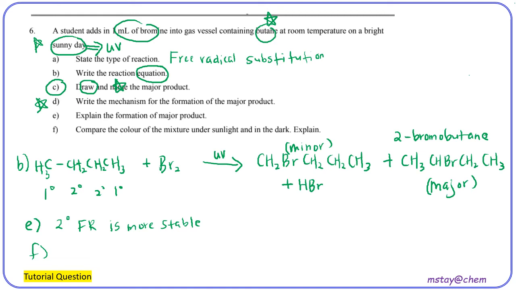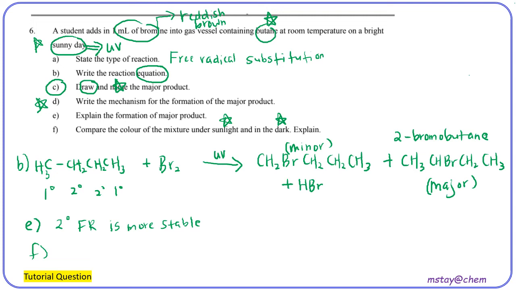F. Compare the color of the mixture under the sunlight and in the dark. There are two conditions: one is under the sunlight, one is in the dark. As we know, the color of the bromine is reddish brown. If put under the sunlight, the reaction happens, so the bromine will become HBr and replace the hydrogen in the alkane.